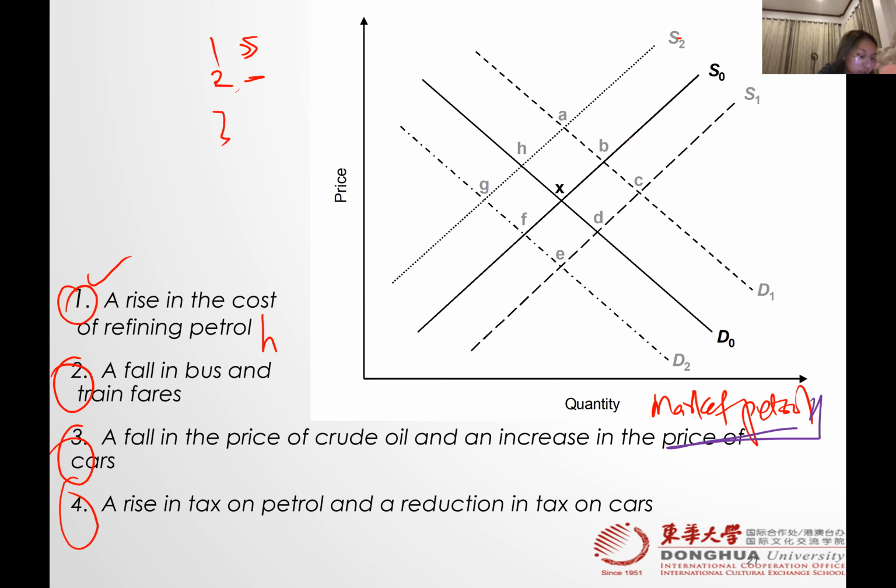So people will be using less petrol for their own car. In that case, demand decreases, and demand shifts to the left, to D2. So S0 and D2 intersect at F, right?